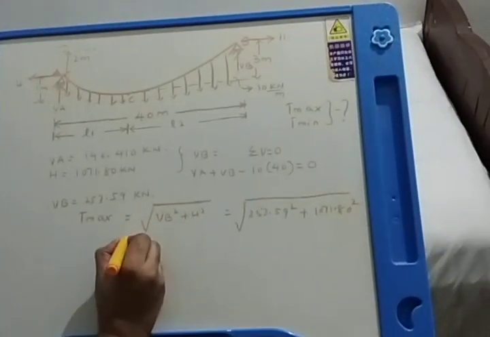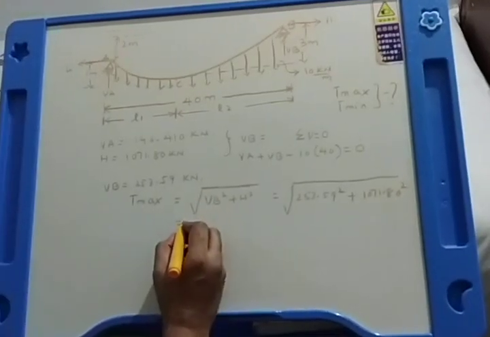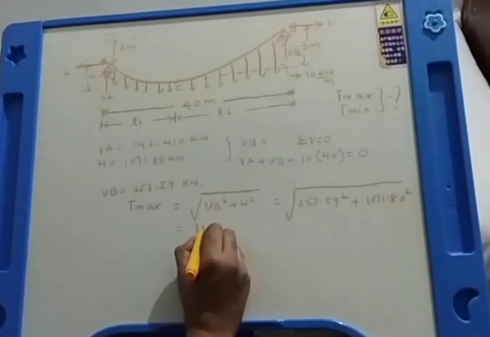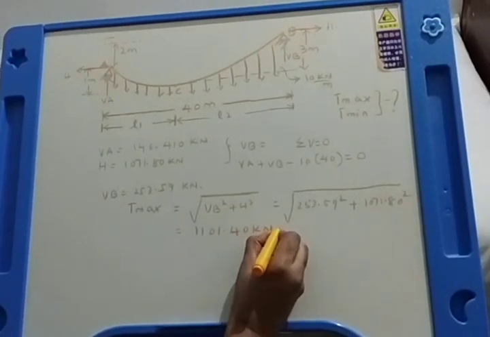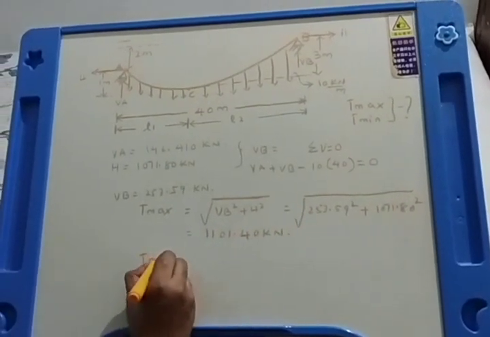So if you do the calculation, you are going to get the value of Tmax equal to 1101.40 kilonewton.